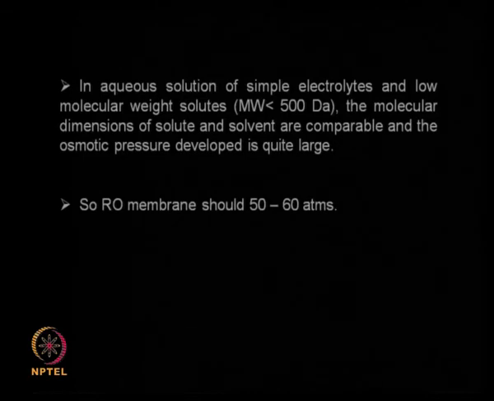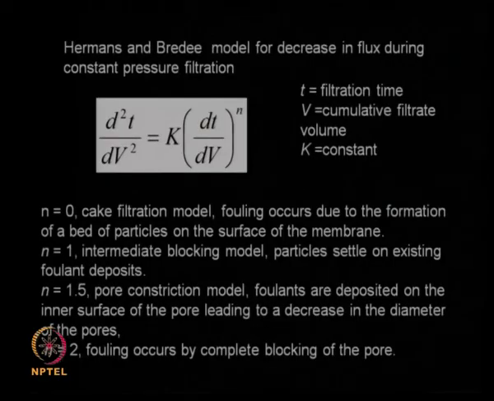Now the osmotic pressure will be very large, so our reverse osmosis membrane should be operating at almost 50 to 60 atmosphere pressure. Now as the membrane process keeps taking place, there is always a decrease in flux over a period of time at constant pressure.